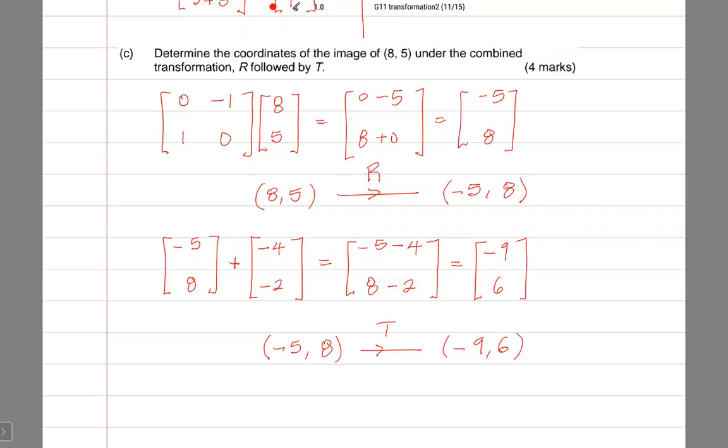So if we rotate this point 90 degrees in an anticlockwise direction about the origin, and then translate it by minus 4, minus 2, it became the point minus 9, 6. All right, so this is question number 6 from the homework.